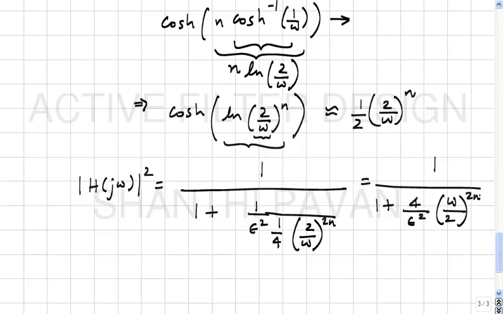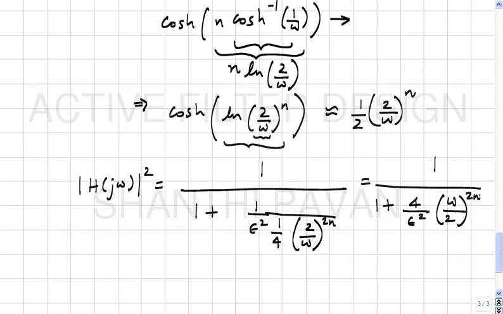This has the same form as that of an nth order Butterworth filter, except that the 3 dB bandwidth is different, but you can't expect the 3 dB bandwidth to be the same, because in the inverse Chebyshev, omega equal to 1 was the stop band edge. So the normalizing factor is not of concern.